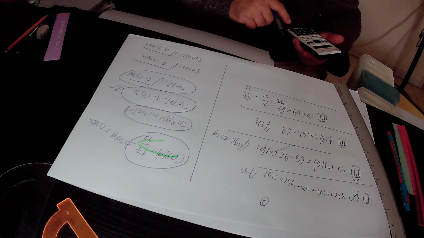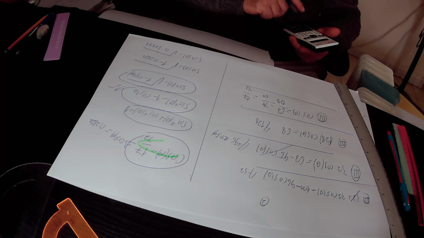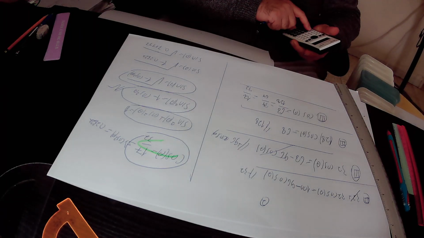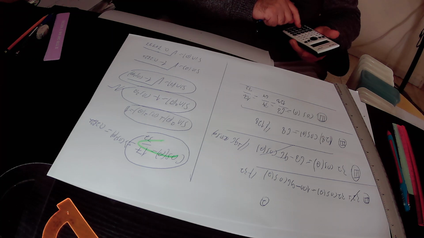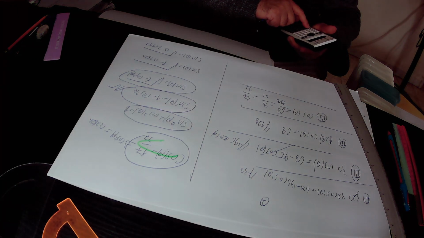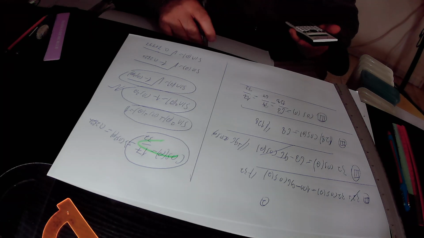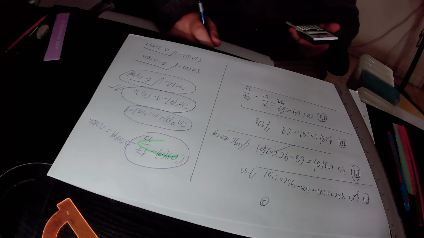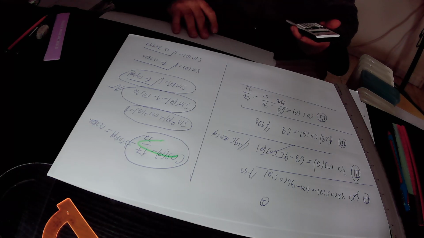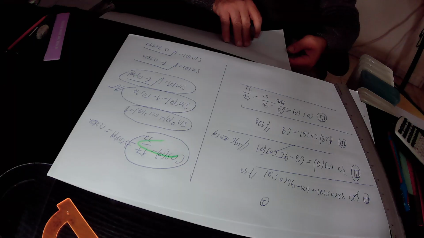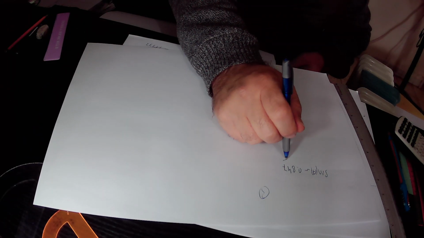And the square root of 0.7177 is equal to 0.847. So we found out that sine theta equals 0.847.